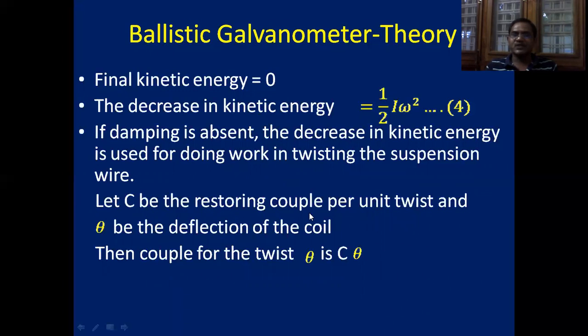If C be the restoring couple per unit twist and theta be the deflection of the coil, then the couple for the twist theta is C theta. For unit twist restoring couple, we are taking C. Then for the deflection theta, the restoring couple is given by C theta.